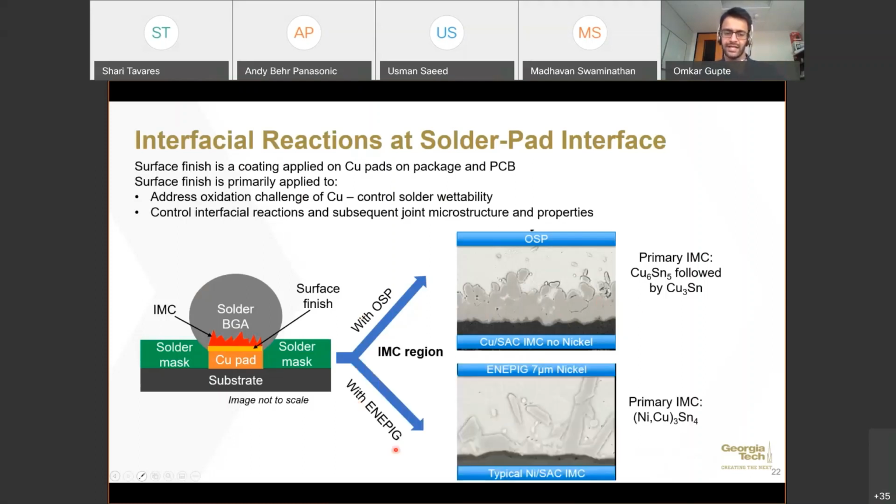Whereas another surface finish called ENEPIG, which stands for electroless nickel, electroless palladium, immersion gold, mainly forms nickel-based intermetallics between the pad and the solder itself. So these are mainly two different types of intermetallics that can be formed with these different surface finishes.